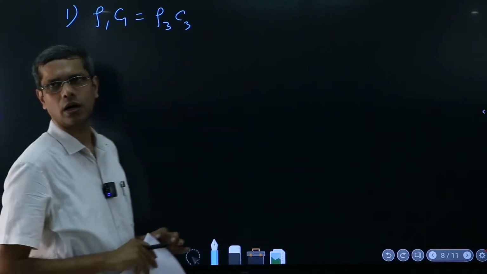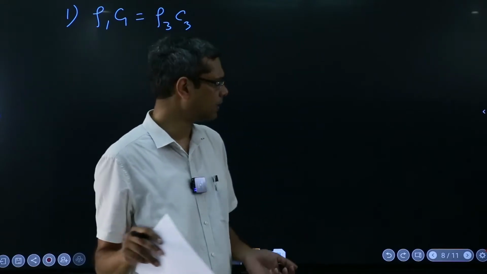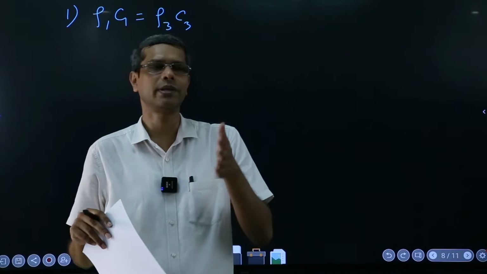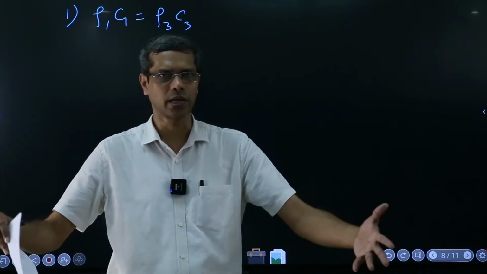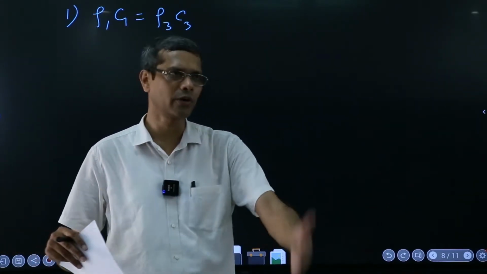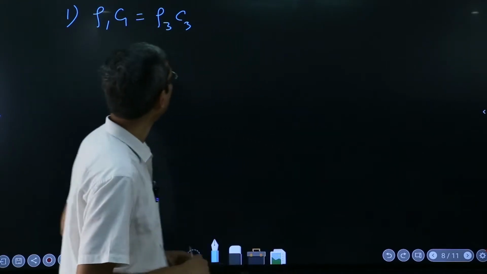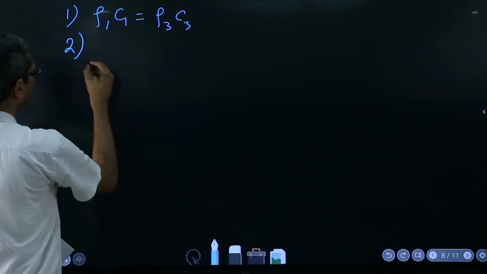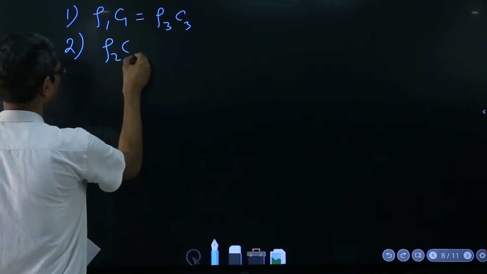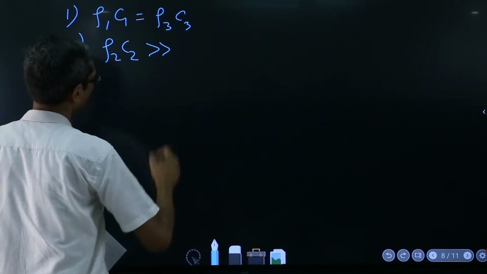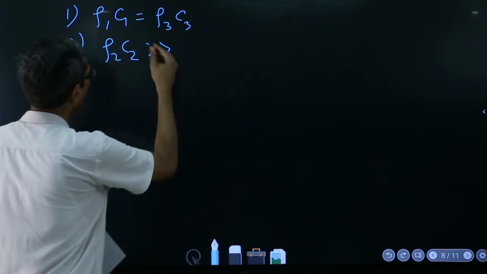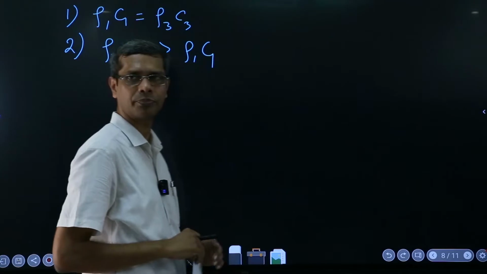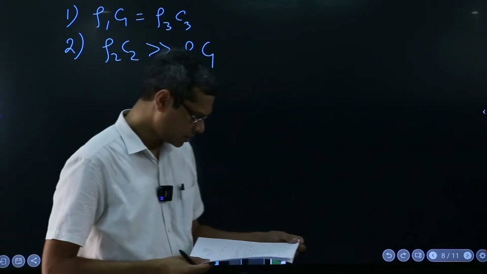That means on both the sides the medium is the same, and you have inserted something in a particular medium. For example, there are 2 rooms and you have now put something in between. So that's the condition. And one more condition we will put is rho 2 C2 is very very high as compared to any of them.